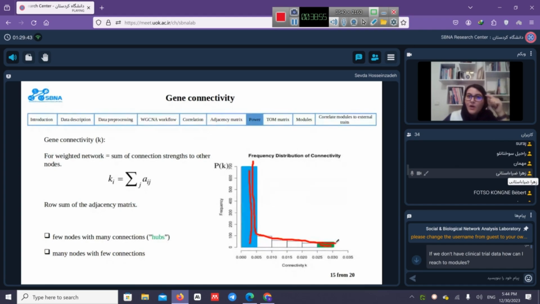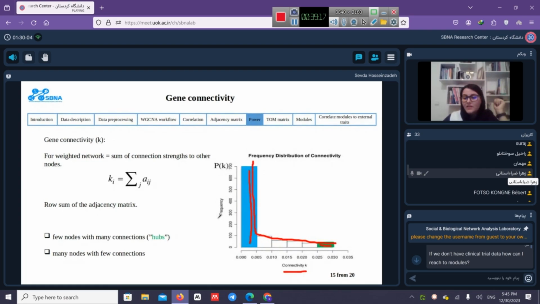And that beta or power helps us get data or elements that fit this plot. And in this plot, the horizontal part shows us the connectivity number, and the vertical part shows us the frequency.